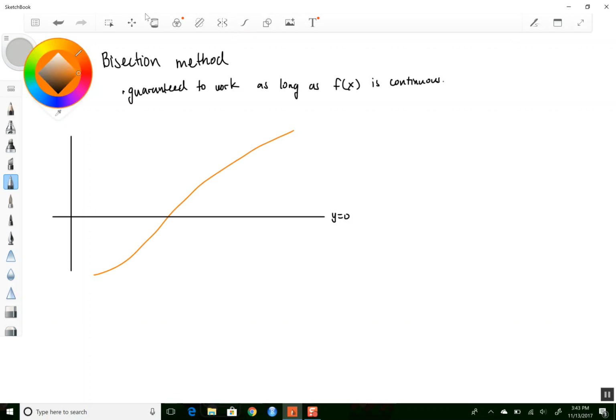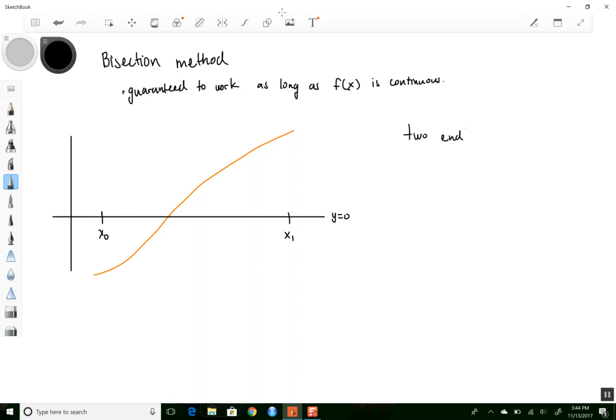You start off with two endpoints, x0 and x1, and the two endpoints need to take different signs.